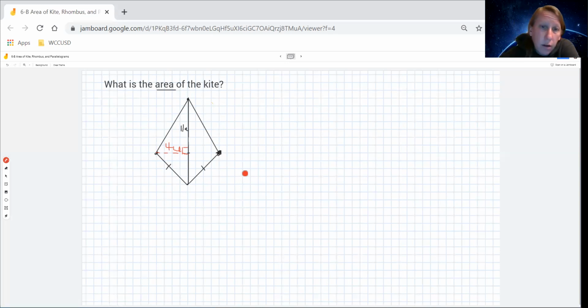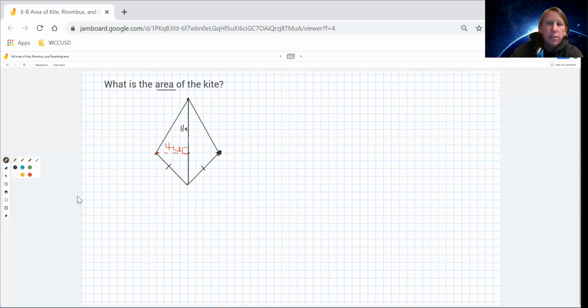Okay, and then I could go from there. So I could do 11 times 4 divided by 2, because that would give me the area of this. And then I could multiply the whole thing by 2, and that would give me the area of the whole shape.